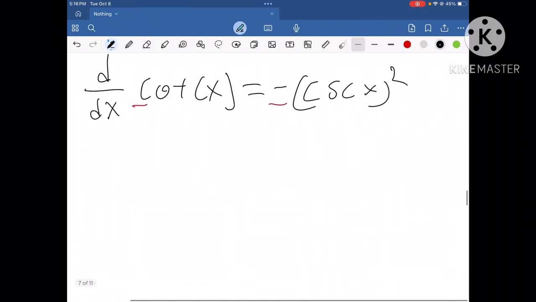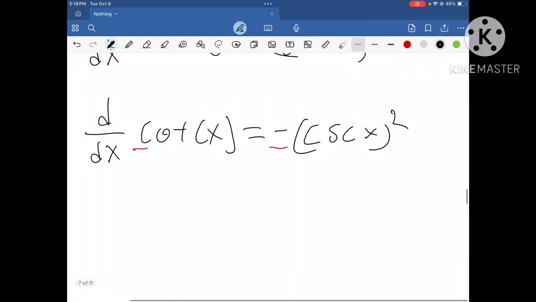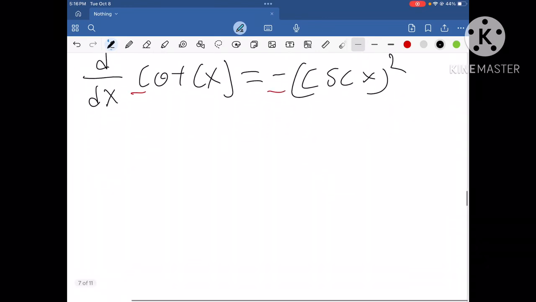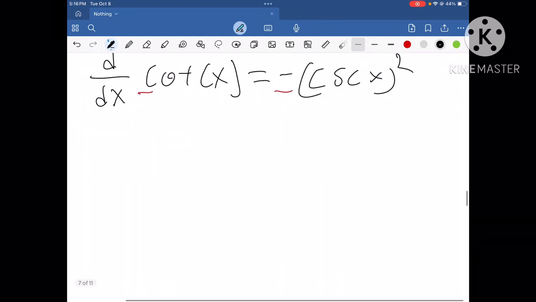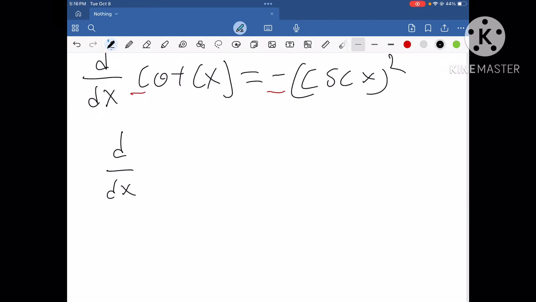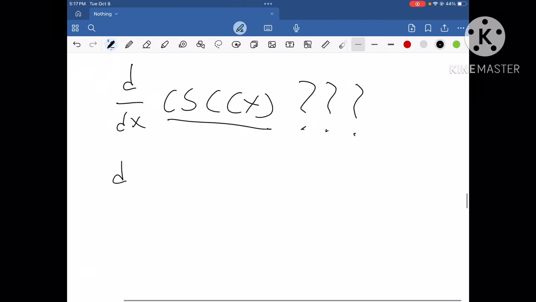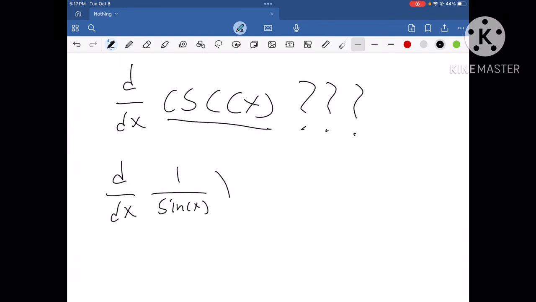Okay, I'll give you guys a tip when you don't know what to do. Let's say you forgot a derivative. Let's just say cosecant. Derivative of cosecant. You're supposed to derive this, but you don't know. What you can do is just take the derivative, but instead of cosecant, let's make it into a more familiar form, which is 1 over sine x.